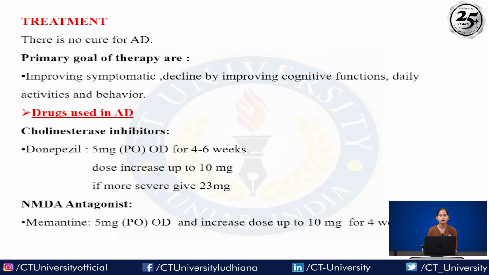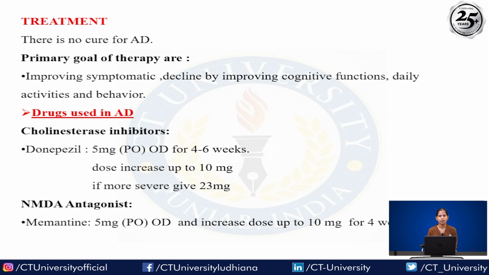Then address the decline in cognitive functions, like the emotions of the person, their mood, whether sad, happy or angry. Next are daily activities: if the person has problems with daily activities, advise and guide the patient to perform them in a proper way, for example not putting a wrong thing in a wrong place. These things are possible only with the help of family members and friends, so the person may cope with their disease.